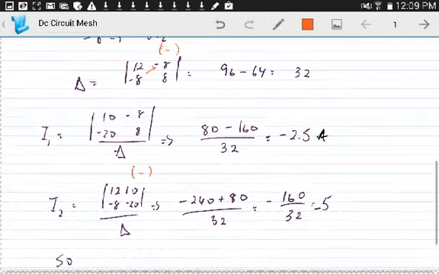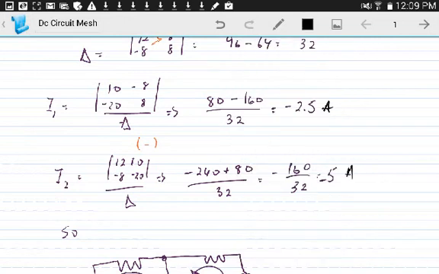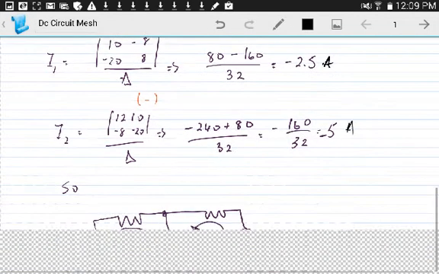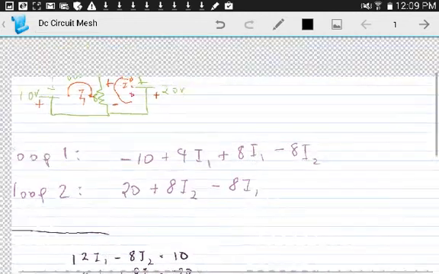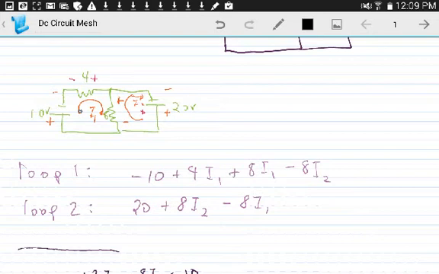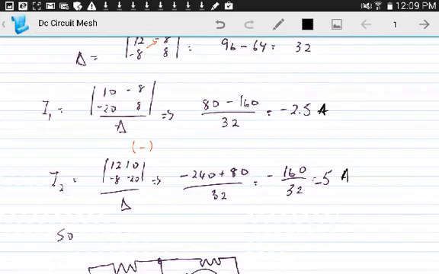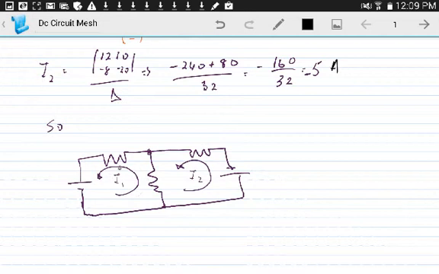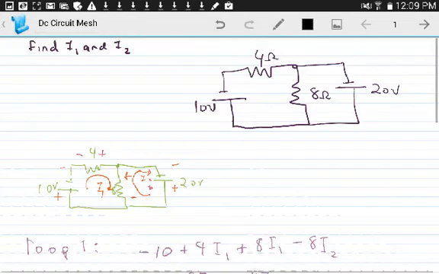Solving for that, we get -5 amps. The negative tells me that the direction of the current I chose was wrong. To get the correct flow, you just reverse it. And that's what it asks you to solve.